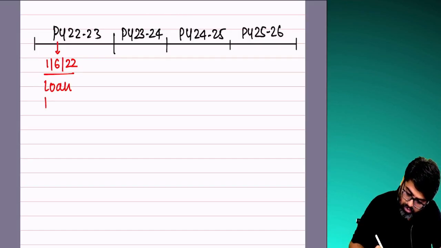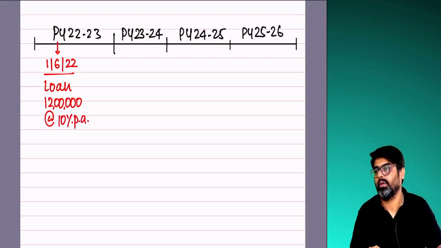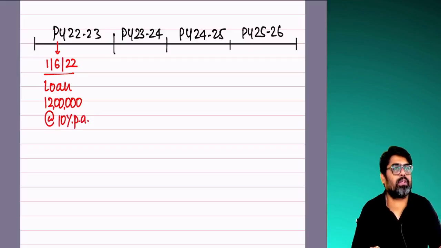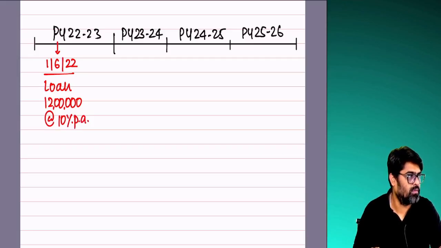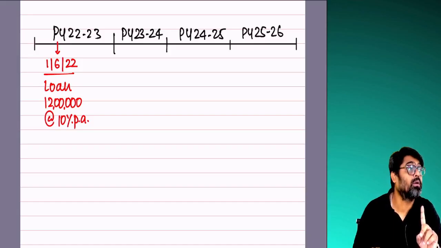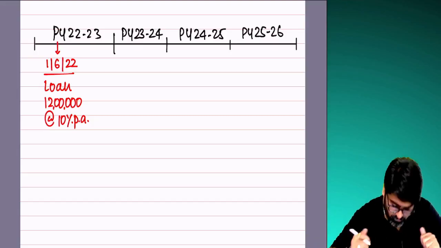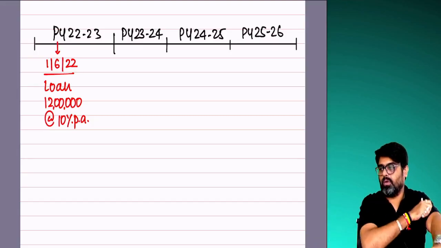Loan amounting to rupees 12 lakhs at the rate of 10% per annum interest. Now this loan I have taken for the construction of the house. I have a house or I am constructing a house. So by taking the loan, I will construct.